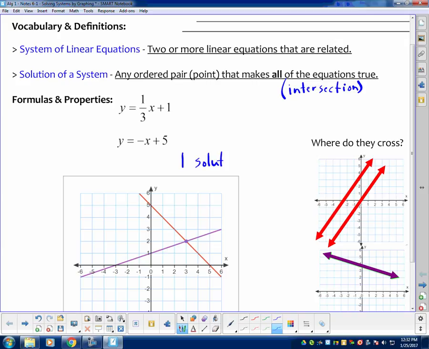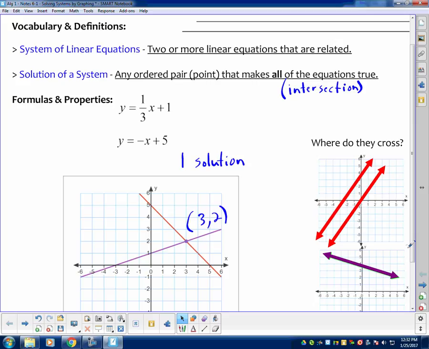Can you look at the graph and tell me what the solution to this system of linear equations is? What is the solution here, or intersection? 3, comma 2. Good. 3, comma 2 is the solution.